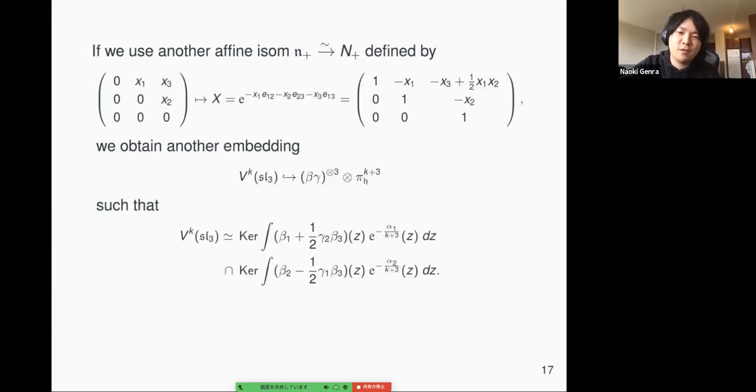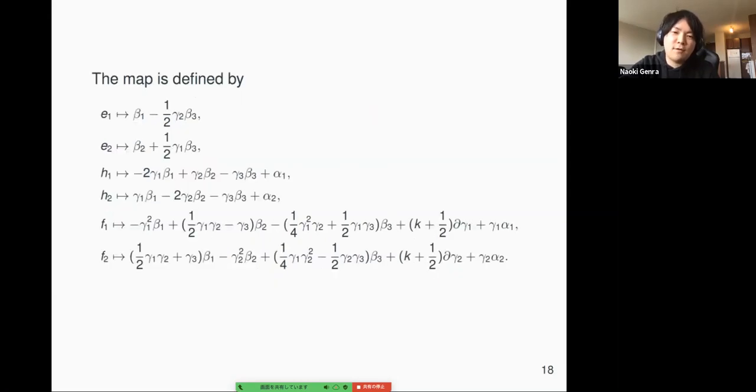It really depends on the choice of a coordinate system. So if you fix one affine isomorphism from the Lie algebra n plus to the group N plus, you get a free field realization of the affine vertex algebra and get the screening operator of the affine vertex algebra.